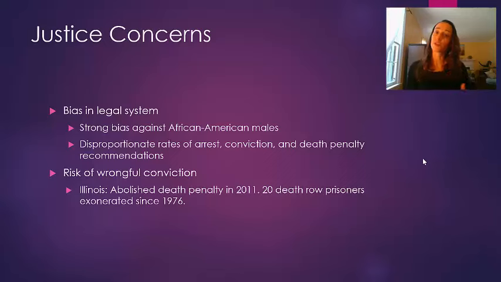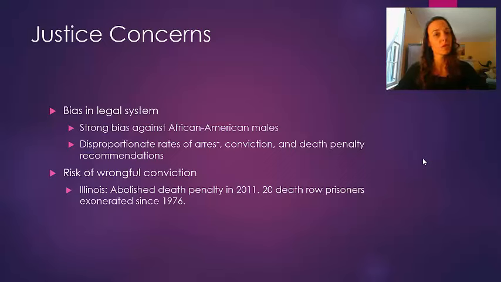So in order to avoid the risk of executing more innocent people, the state of Illinois decided to abolish the death penalty. So some people view these, as I said, as important justice concerns that are also moral concerns. In other words, these are things that would raise serious moral concerns about the death penalty and also about the way our legal system functions here in the United States.